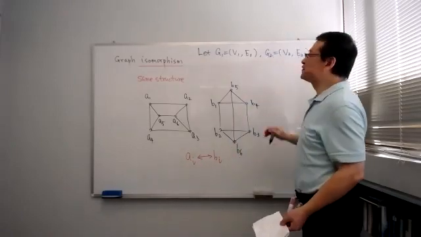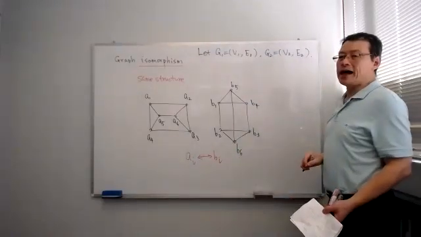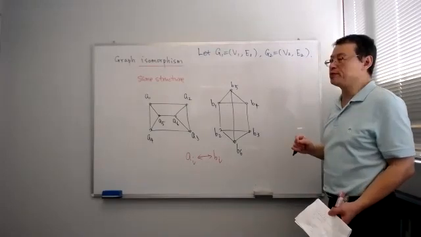So I have two different graphs, and when we say these two graphs are isomorphic, it means they have the same structure.